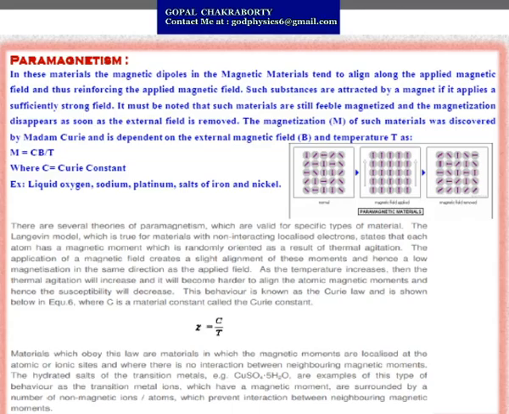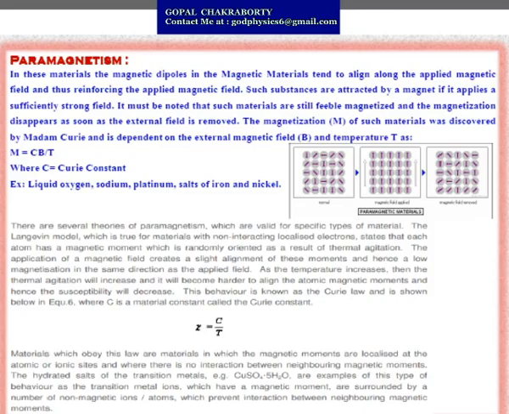From there we can write M equals CB by T, where C is the Curie constant. Liquid oxygen, sodium, platinum, salts of iron, nickel, etc. are examples of paramagnetic materials.